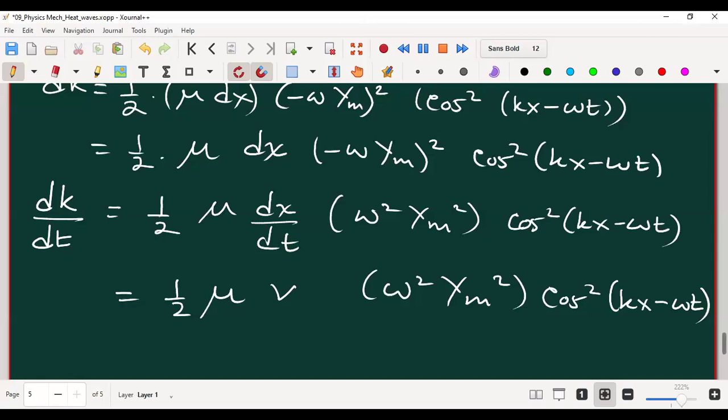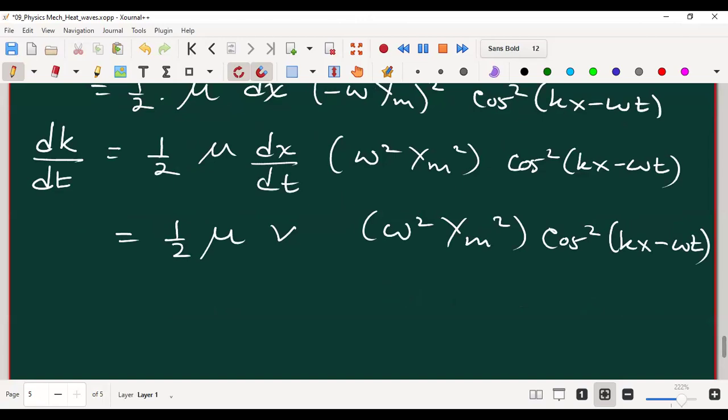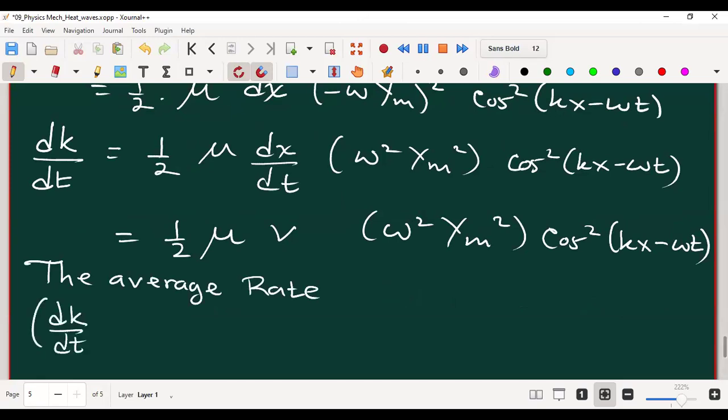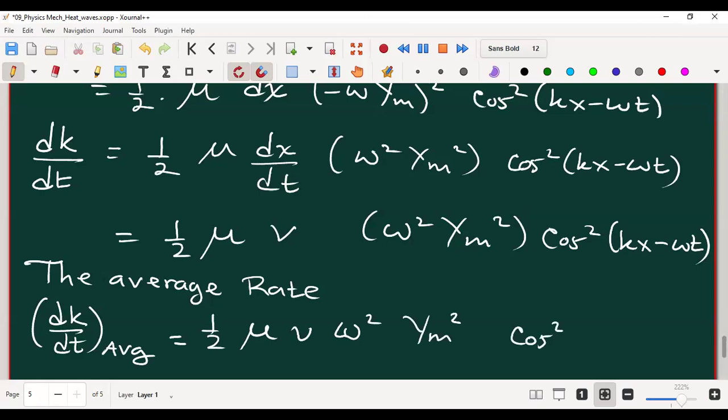And then the average rate, dK/dt average, is equal to half mu v omega squared ym squared cos squared (kx − ωt) average.